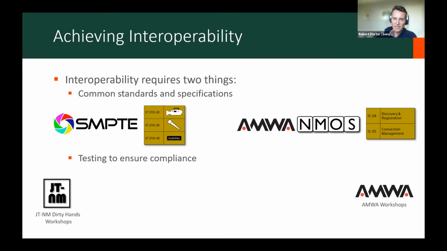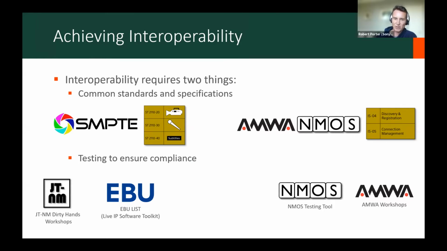There's also been some really useful software-based test tools made available to help everyone self-test their devices. In particular, the EBU have released the Live IP Software Toolkit, or LIST for short, to help users validate their ST2110 streams. And at AMWA, we've created the NMOS Testing Tool, allowing users to test the NMOS APIs are being used correctly.